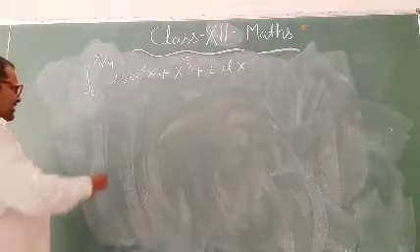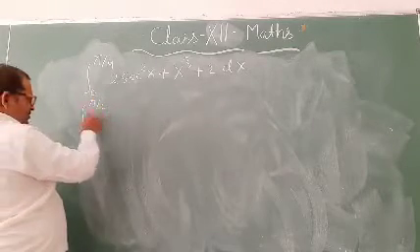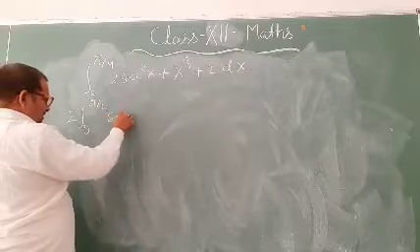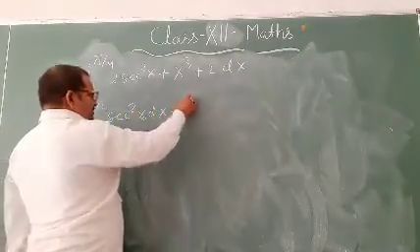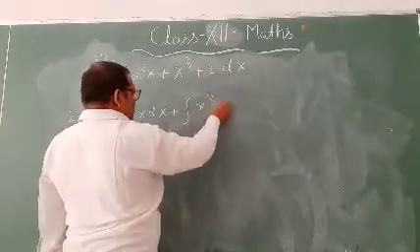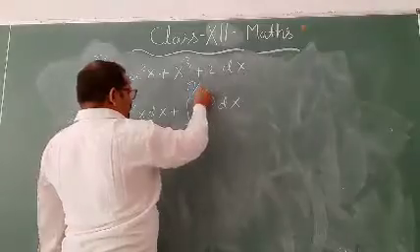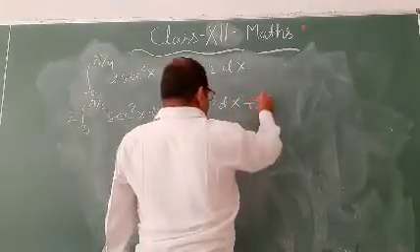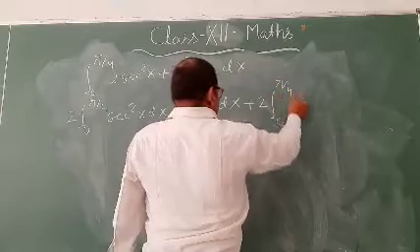Now separate the integral: 0 to pi by 4 of 2 sec square x dx plus x cube dx from 0 to pi by 4 plus 2 times the integral from 0 to pi by 4 of dx.